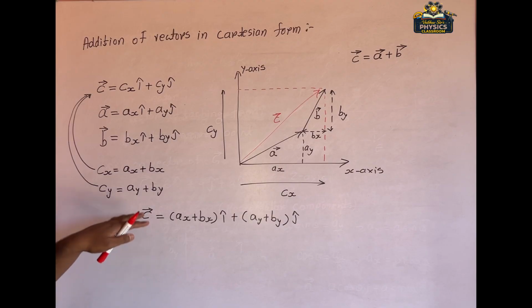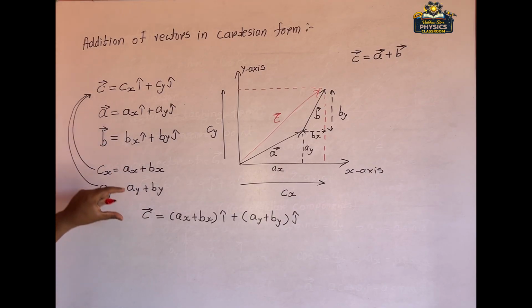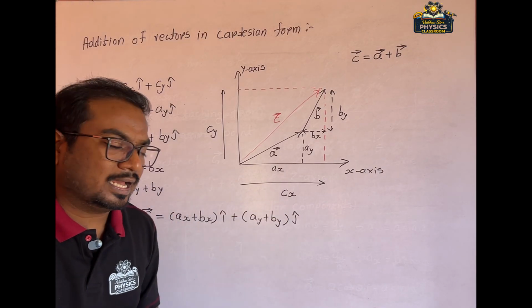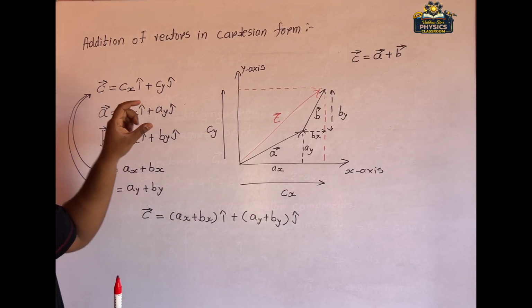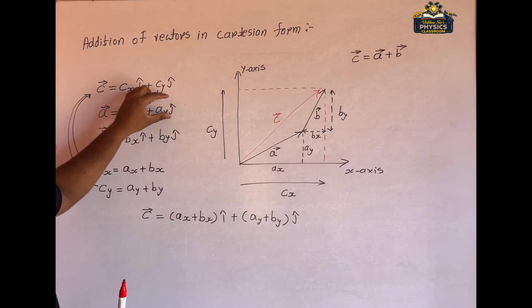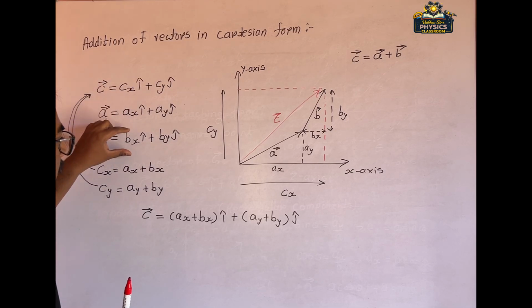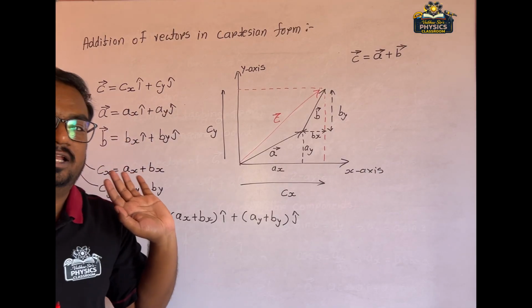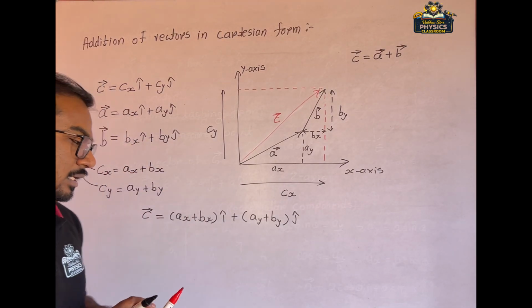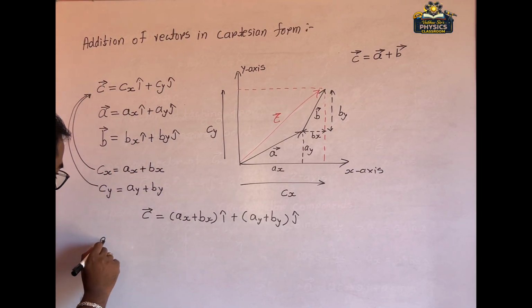Okay, this is how we can easily add two vectors. We take the components on the x-axis and the y-axis, or with the I cap and j cap, and directly add Ax plus Bx, I cap, plus Ay plus By, j cap.